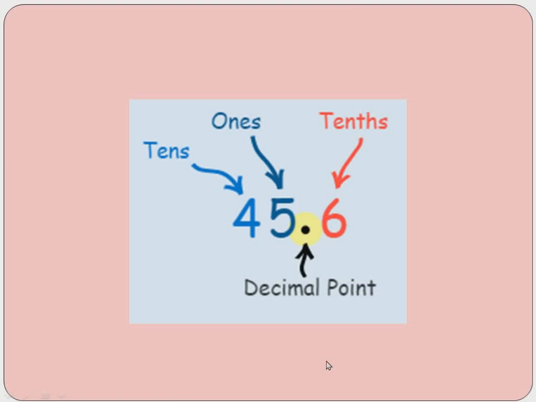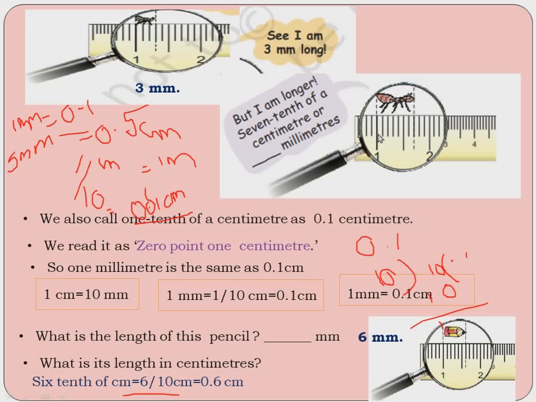Now next one. Here we didn't complete this, children. See this ant. This ant is 1, 2, 3, 4, 5, 6, 7. So how much is it? 7 mm. That is 7/10 of a centimeter, or we call it 7 mm. How many millimeters? 7 mm. And if I ask you to convert it into centimeters, what will you say? It is 0.7 centimeters.